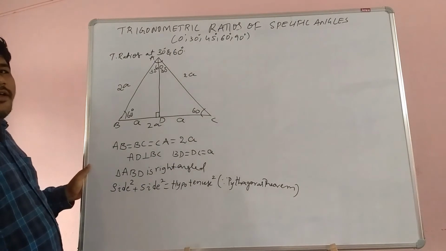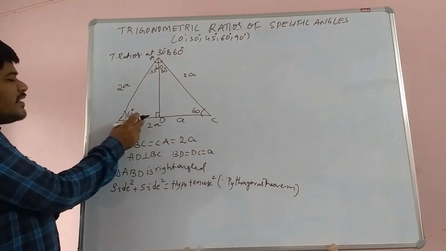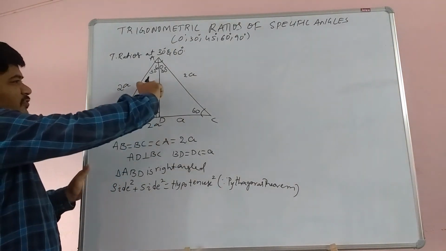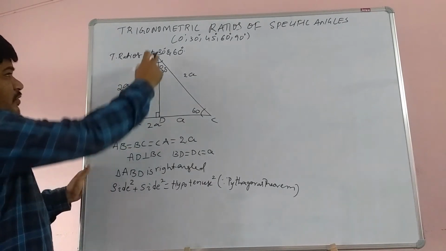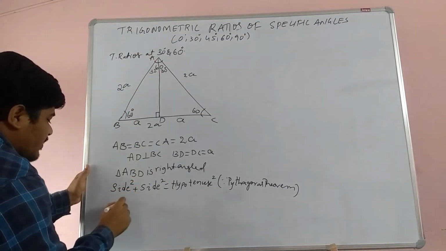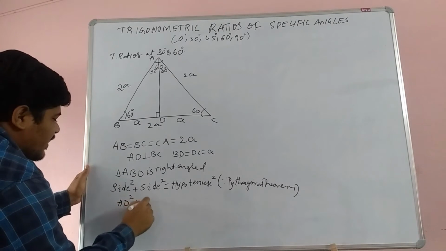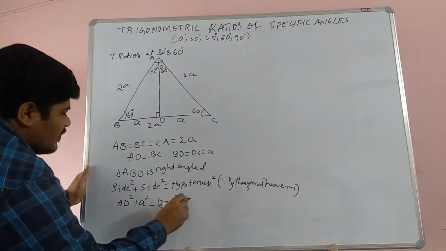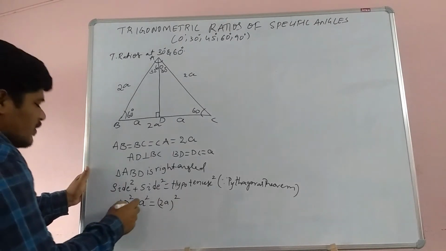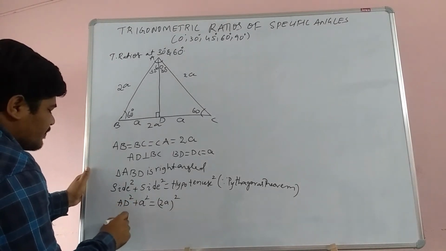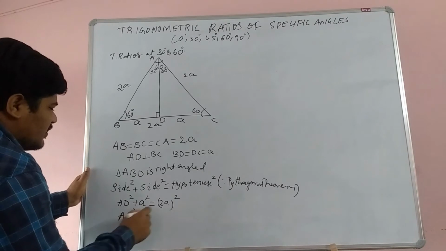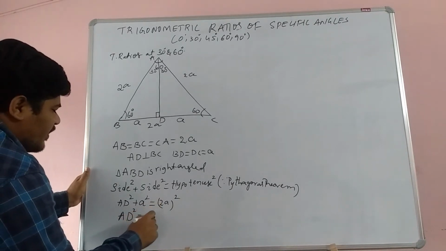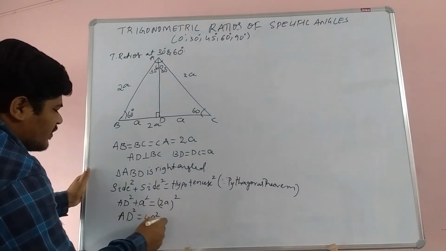Fine. Here, what is one side? A. Another side you need to find, and the hypotenuse is 2A. So AD squared plus one of the sides is A, so A square, is equal to 2A whole square. So AD square is equal to 2A whole square, which is 4A square, minus A square after transposing.